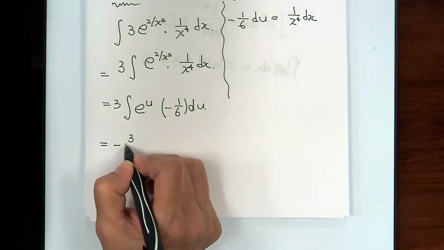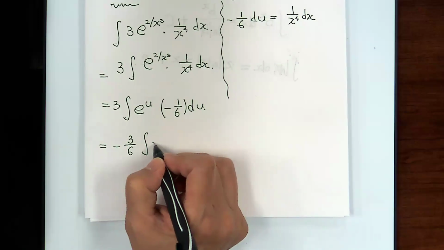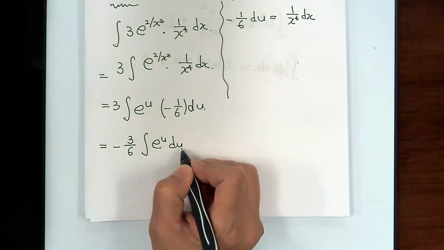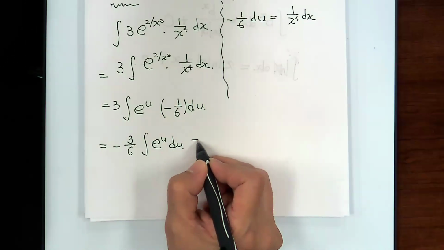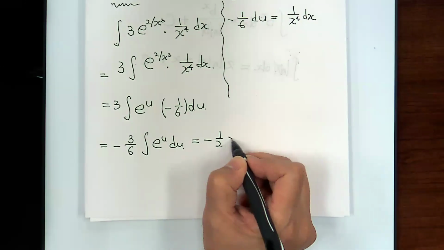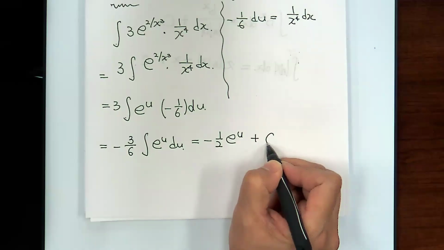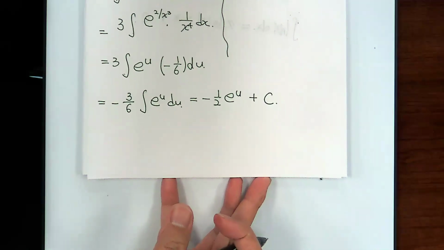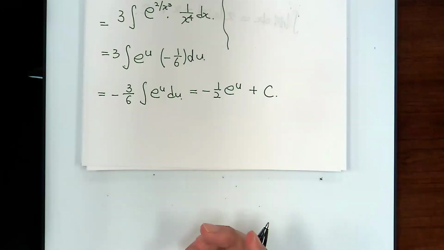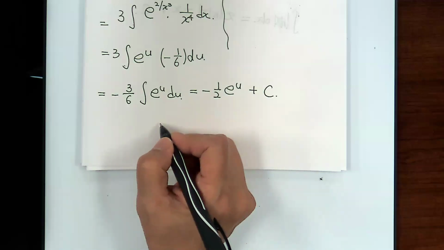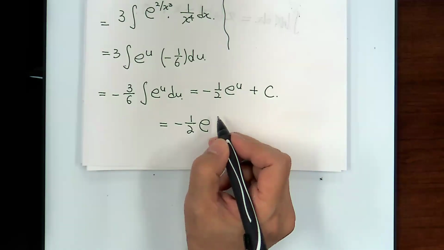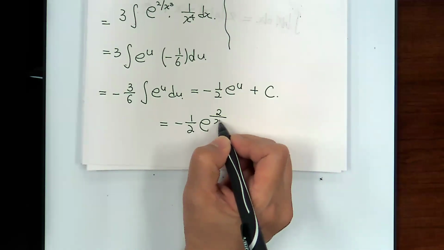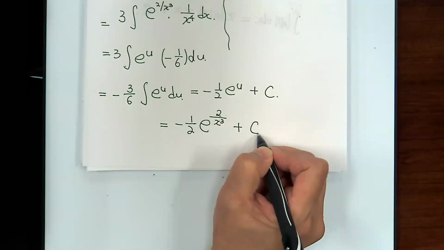That's minus 3 over 6 integration e to the u du. That is minus 1 over 2 e to the u plus c. So that is minus 1 over 2 times e to the u, where u is 2 over x cubed, plus c.